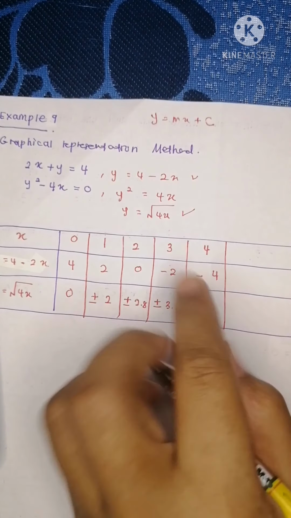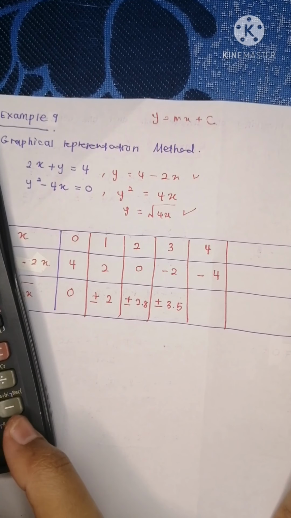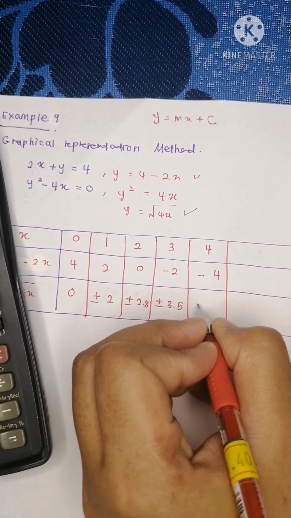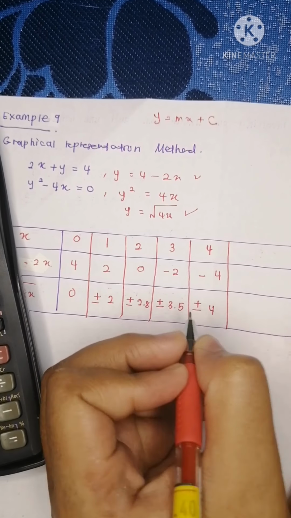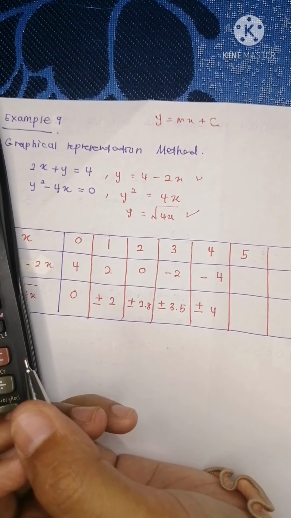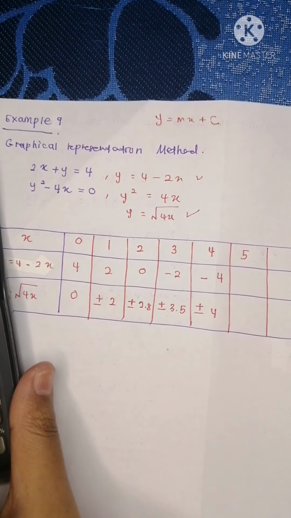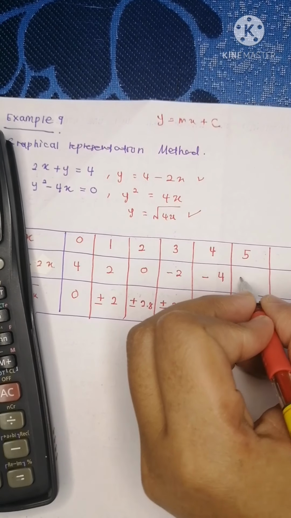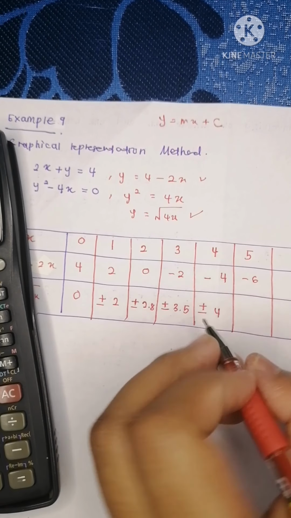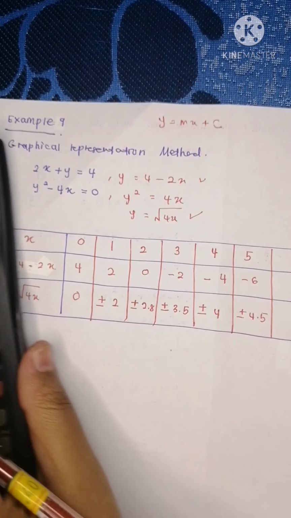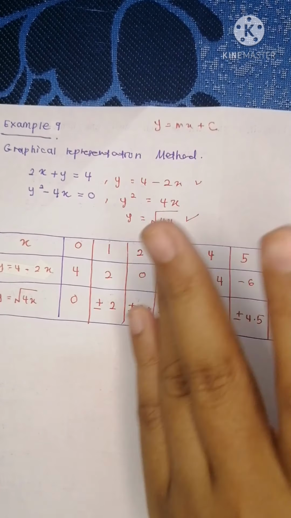And for this one, 4 times 4, 16, and the square root, you will get plus minus 4. The next one is 5. So 4 minus 2 times 5, you will get negative 6, and this one you will get plus minus 4.5. So that's it until here.